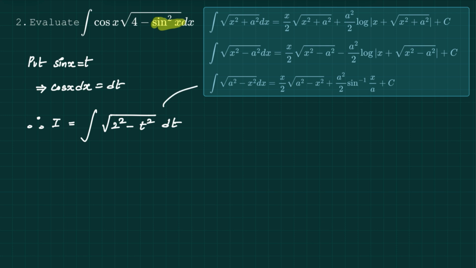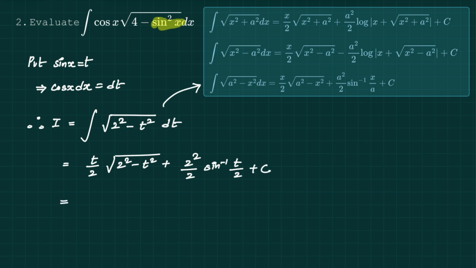Now this is in the form of the third formula, that is square root of a square minus x square. So following the formula we have t by 2 square root of a square minus x square, that is 2 square minus t square, plus a square by 2 sine inverse of t by 2, plus c.